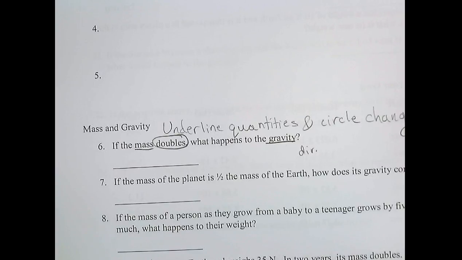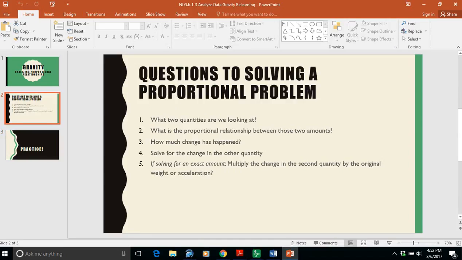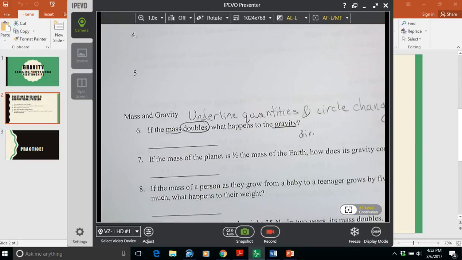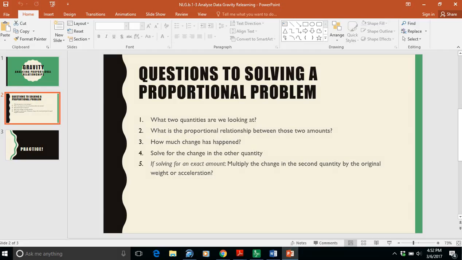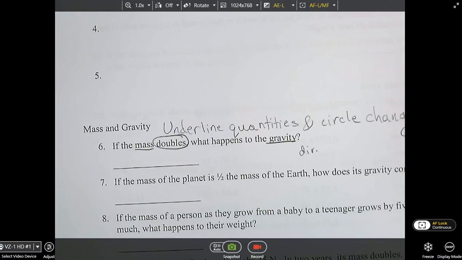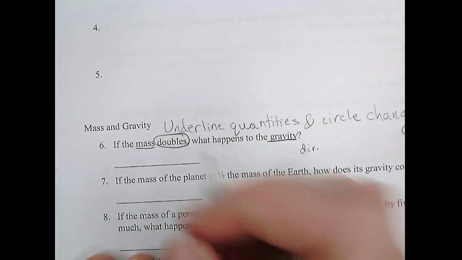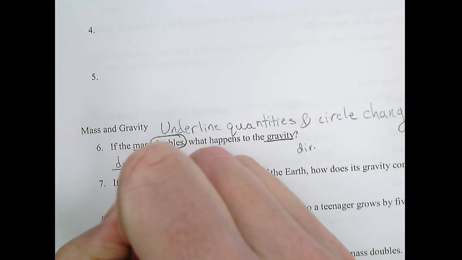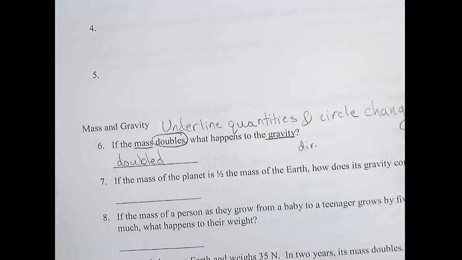The third step is, if we go back and look, how much change has happened, which is, if you flip back, it's doubled. That's the amount of change that's happening. And then number 4 is solve for the change for the other quantity. Well, if they're directly proportional and the mass has doubled, that means the gravity has also doubled.